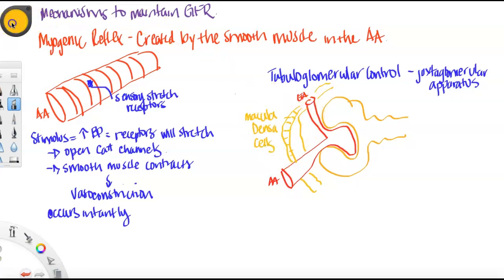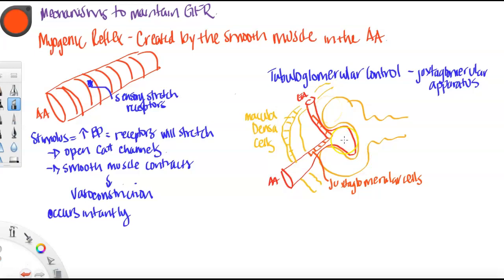And we know that the vessels also have specialized cells called juxtaglomerular cells. And both of these two things together make up the juxtaglomerular apparatus.